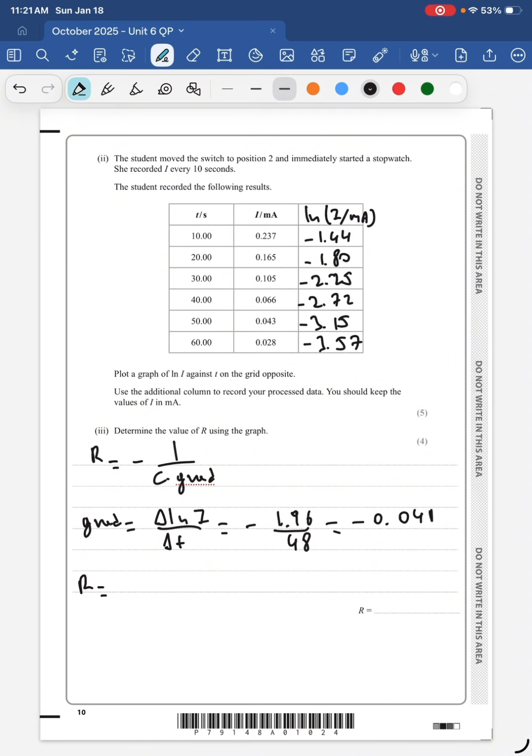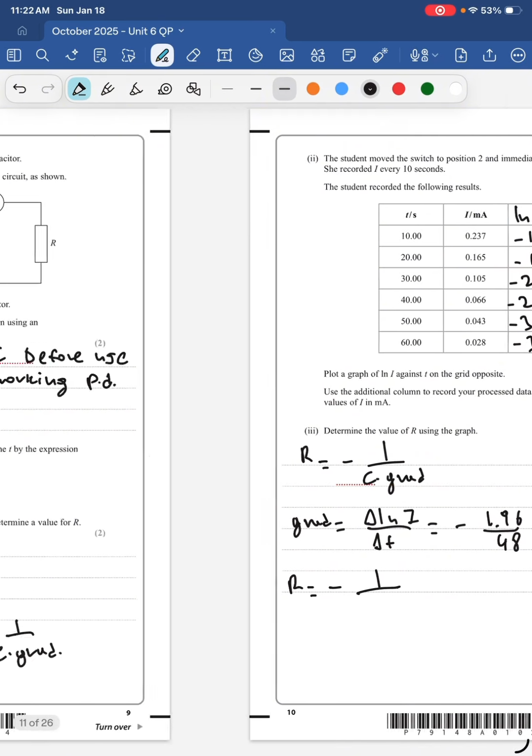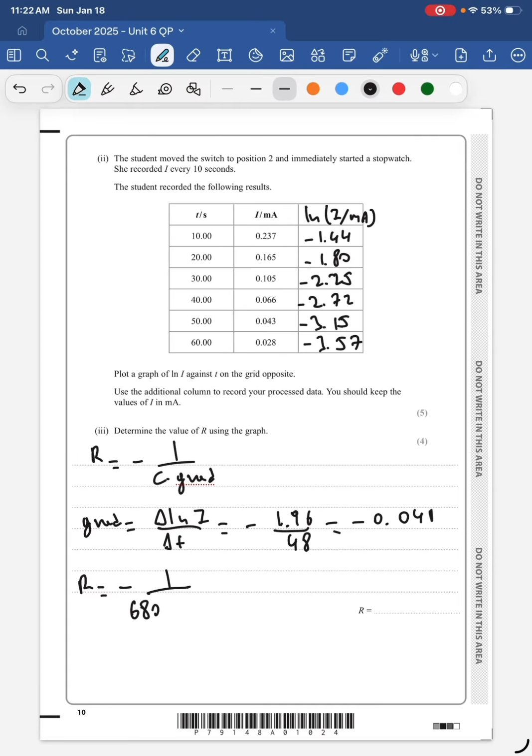So R would be minus 1 over 680 times 10 to the negative 6, times minus 0.041. And the result will be 36.01 kilo ohms. And the moment of truth is to check the mark scheme. So I'm doing that right now.